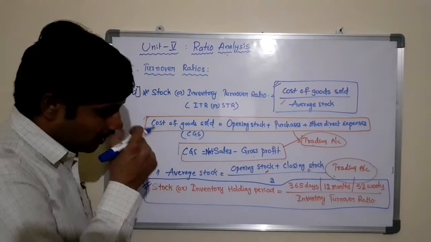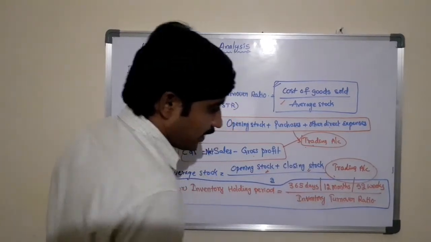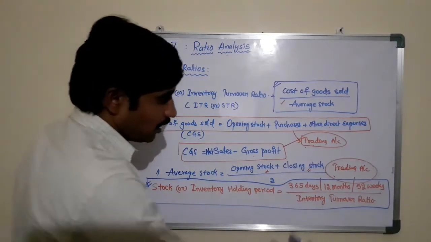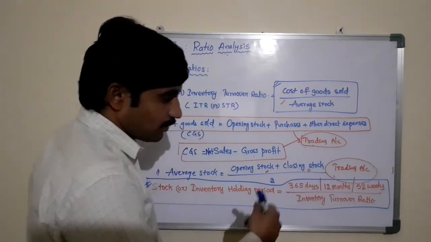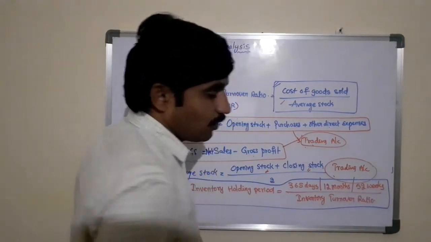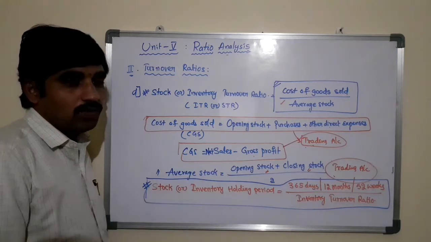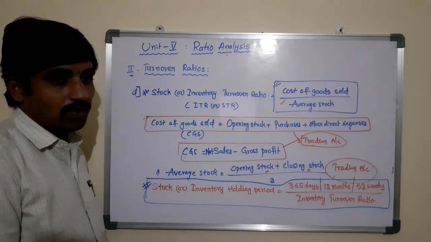If the business wants to know the period in terms of days, 365 days by inventory turnover ratio. If the firm wants to know in terms of months, 12 months by inventory turnover ratio. If the firm wants to know in terms of weeks, 52 weeks by inventory turnover ratio.